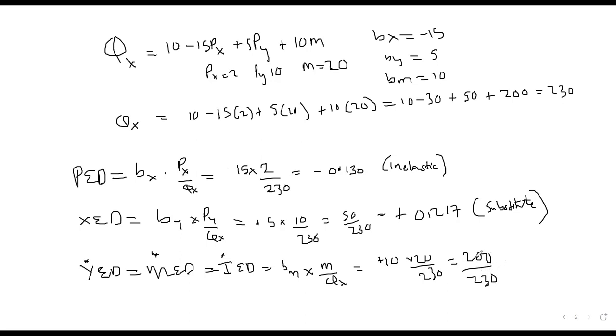200 over 230, what do we get? We get a positive answer. So 0.869. 0.870, round it off.